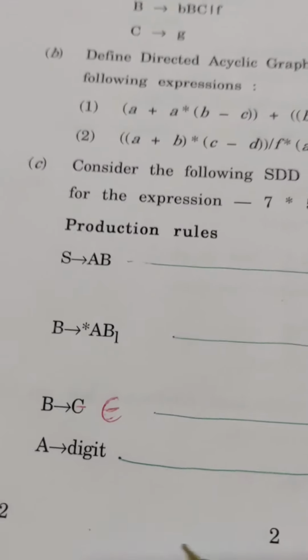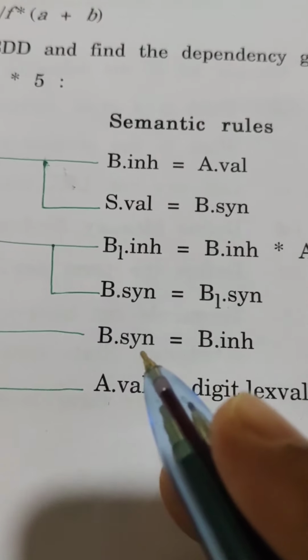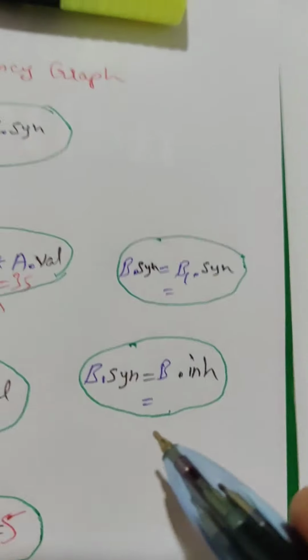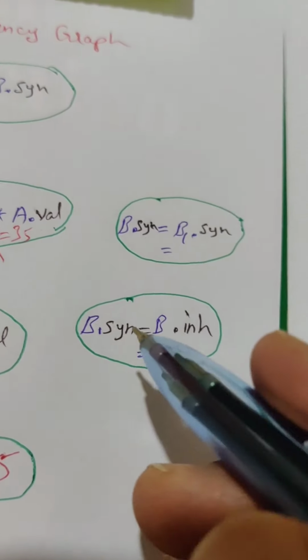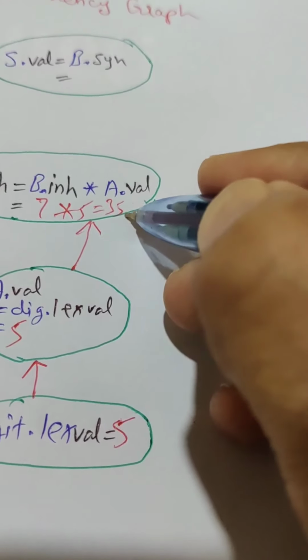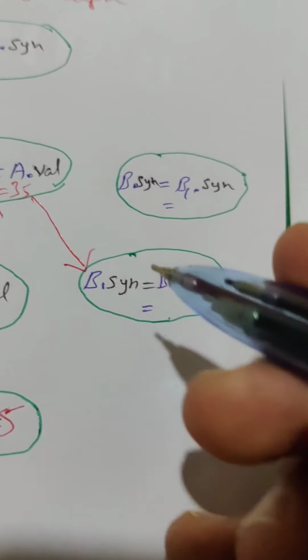So let's take one more rule here. For the B goes to epsilon rule, there's an action here: B.syn attribute equal to B.inh. So here for B goes to epsilon, we have a node B.syn equal to B.inh, and now B.inh here is 35. So this value we are going to copy from here to here. So that's how we get 35.